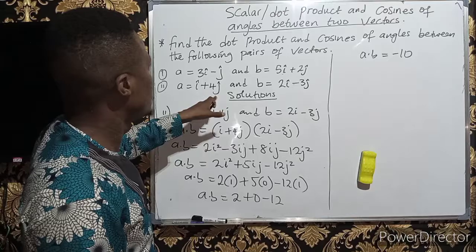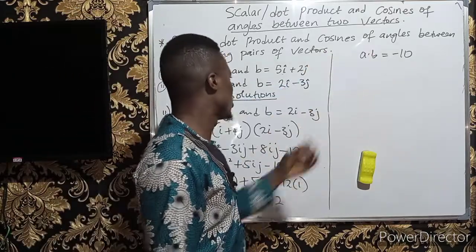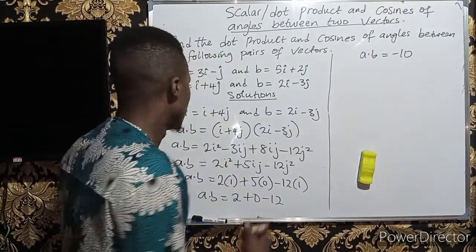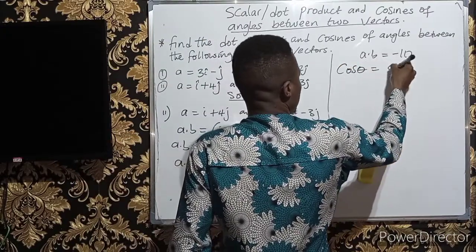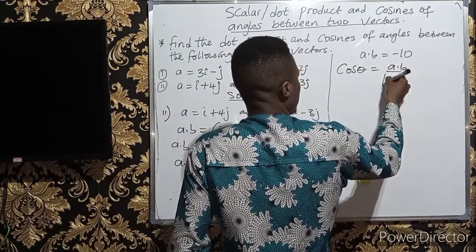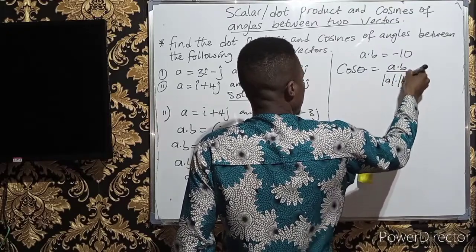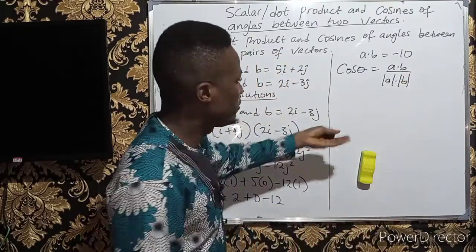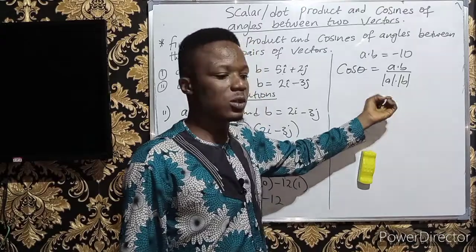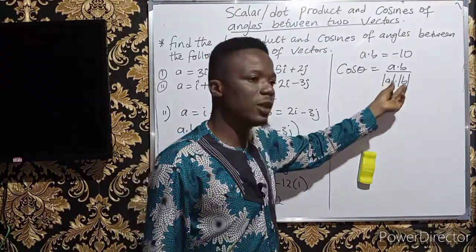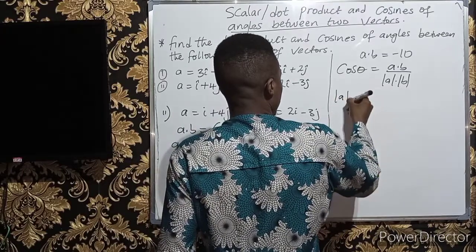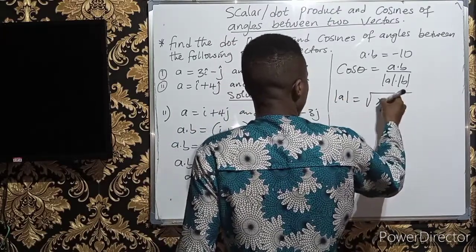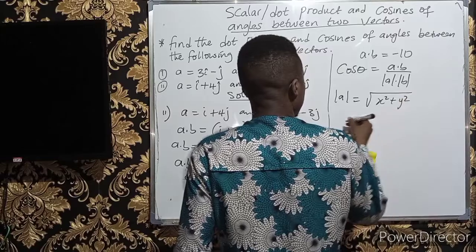Now since we've got the dot product, let us get the cosine of the angle between the two vectors. Already we know that cos theta is equivalent to a dot b over modulus of a multiplying modulus of b. Already we've got a dot b, so the things we need now are modulus of a and modulus of b. So let's get modulus of a. Modulus of a is just square root of x squared plus y squared.